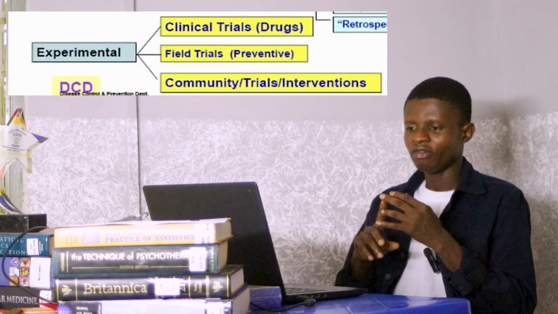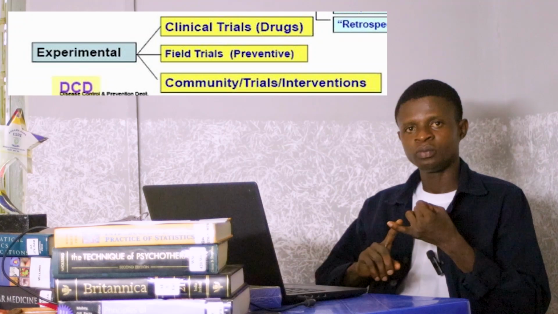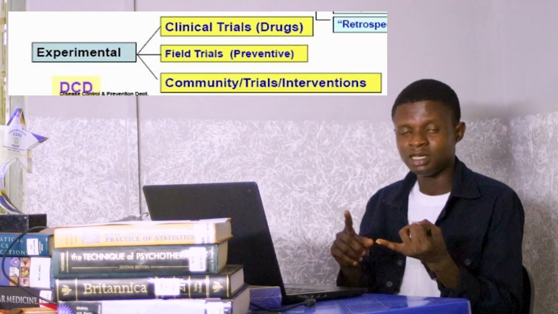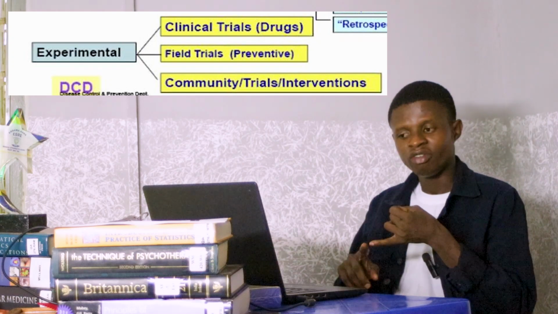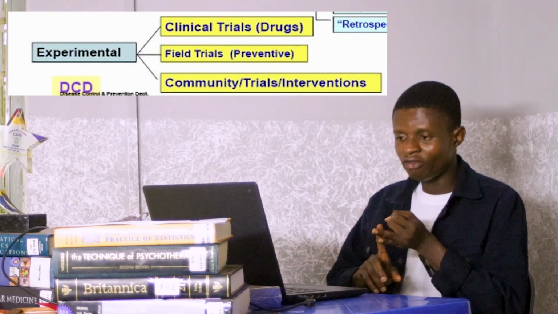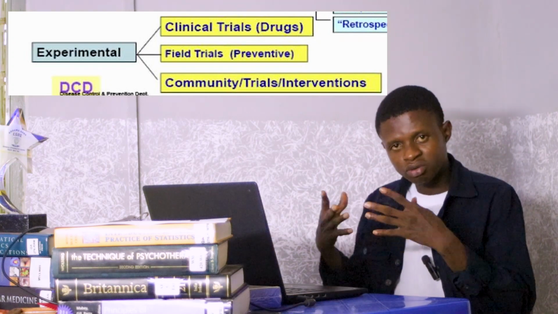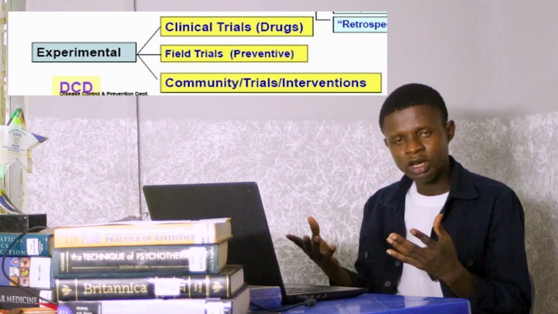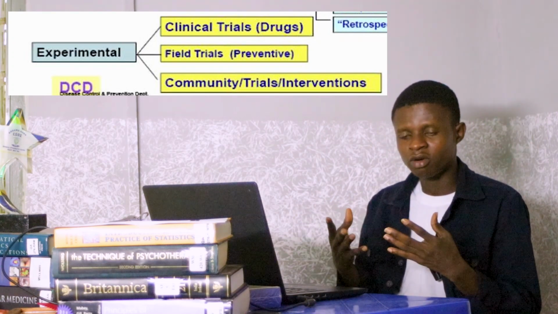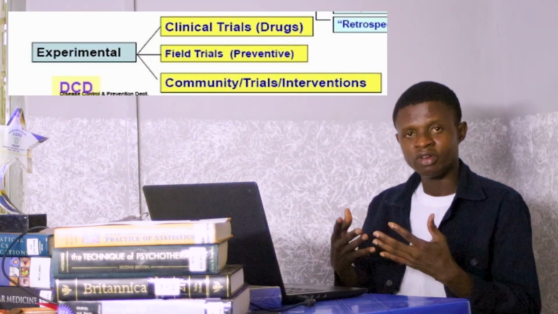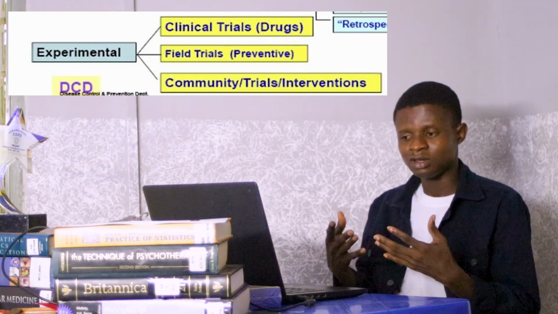Then when you come to the experimental, we have clinical trial. So you are doing clinical trial, which is an experimental study to test for the efficacy of a new drug. And then we have field trial. Maybe there is a program that is going on and then you are performing the experiment to see how that program is able to prevent a certain disease or a certain condition.